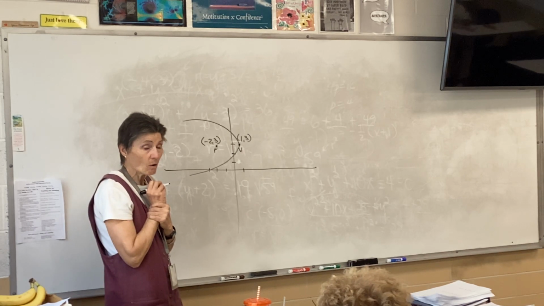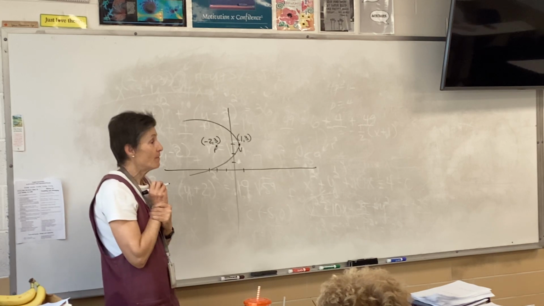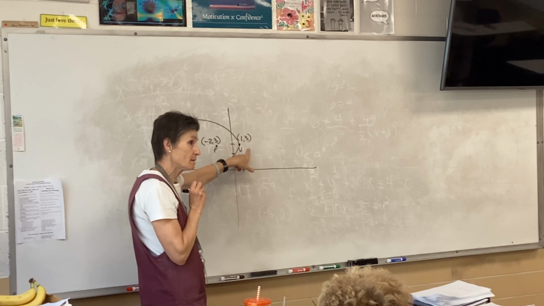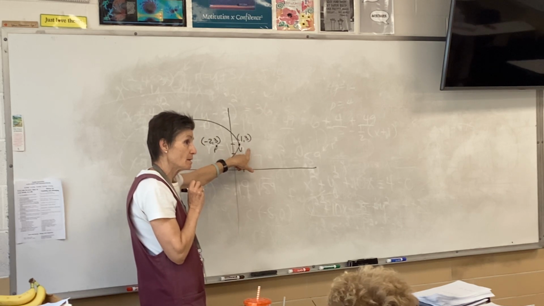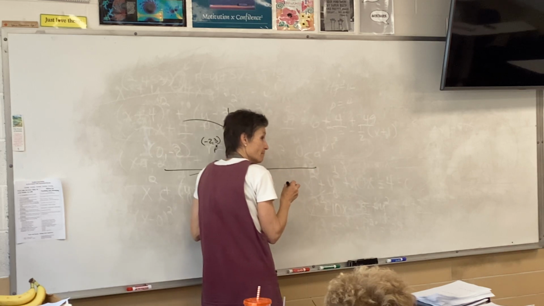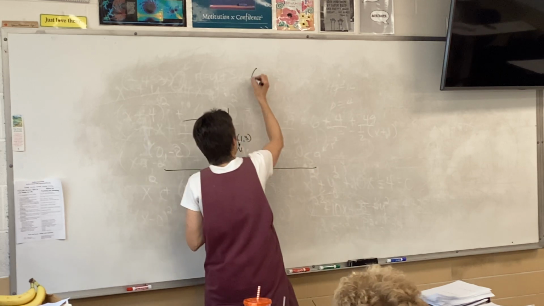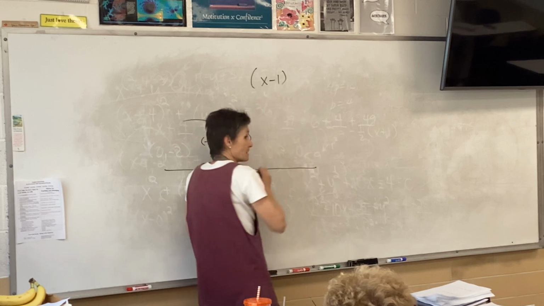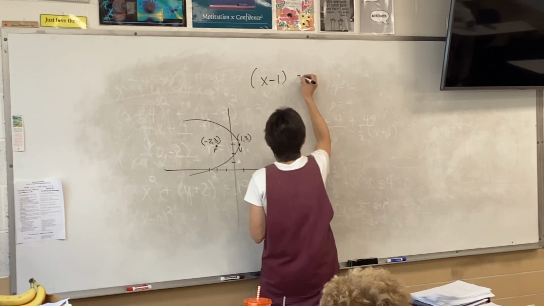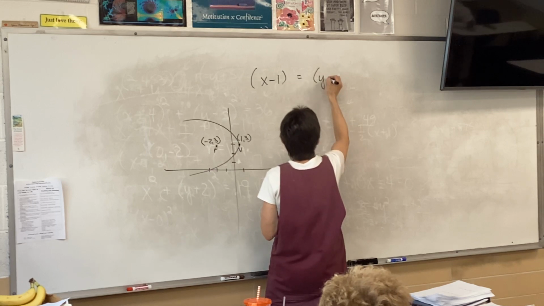And we know that the vertex is 1, 3. So doesn't that automatically mean that my x parentheses is x minus 1, and my y parentheses is y minus 3?